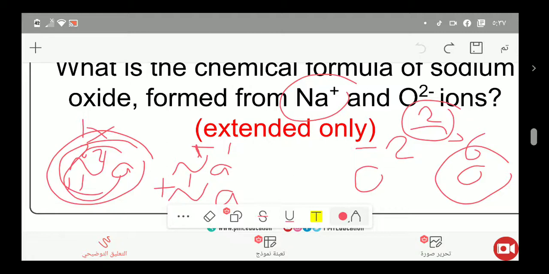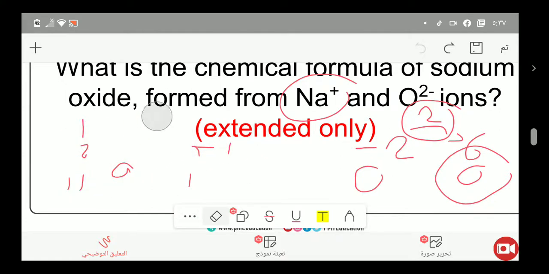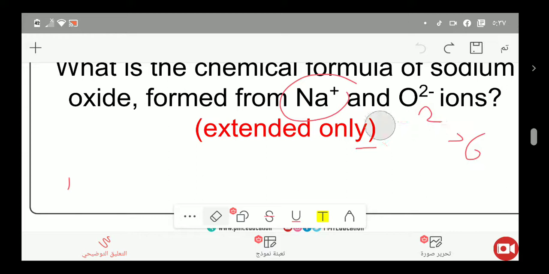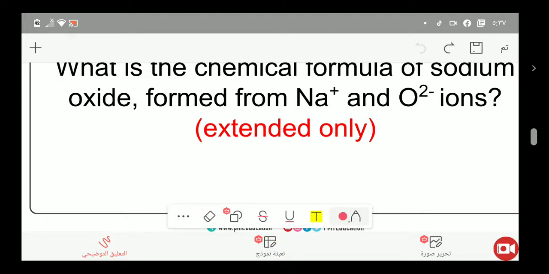So the formula can be calculated easily without all of those steps, by using a relation called cross multiplication. Now we understand that sodium, a group 1 element, has an oxidation state of +1, and oxygen, in group 6, has an oxidation state of -2.